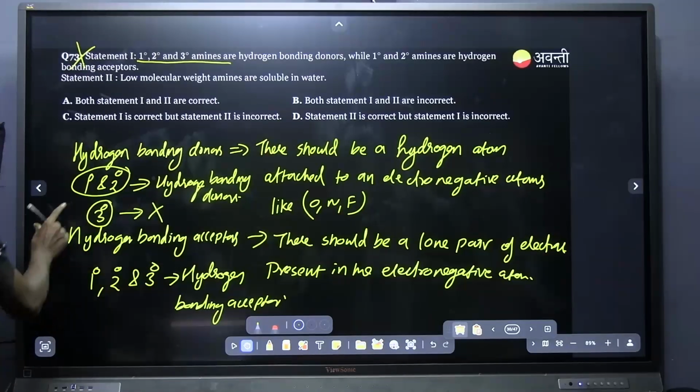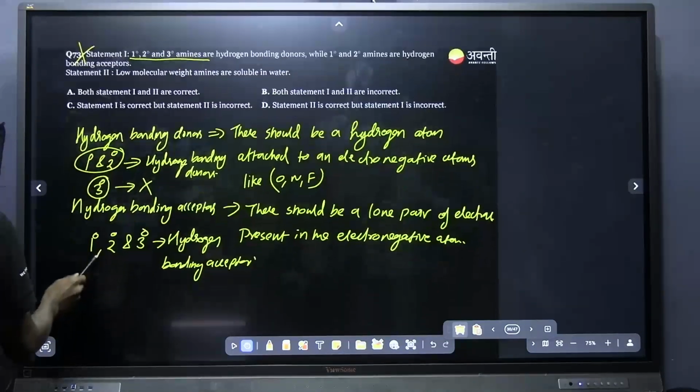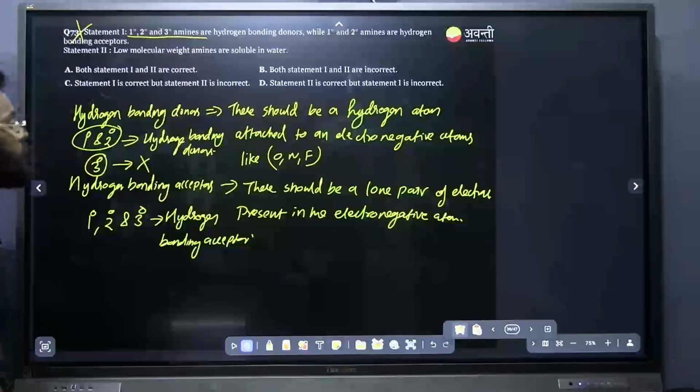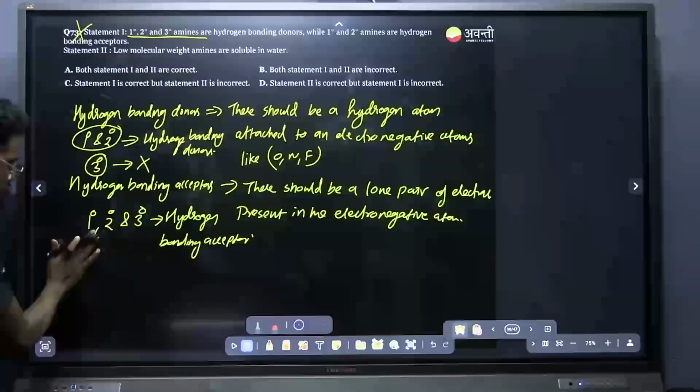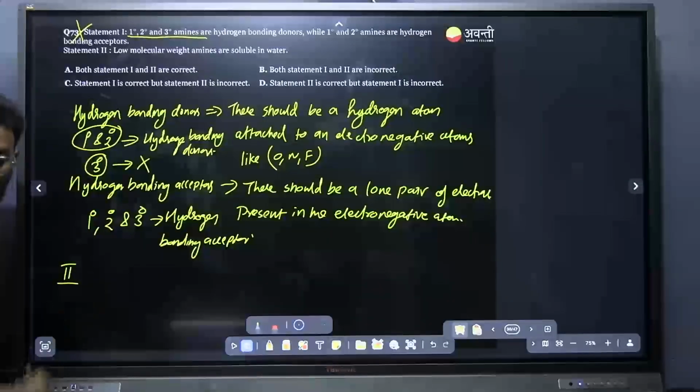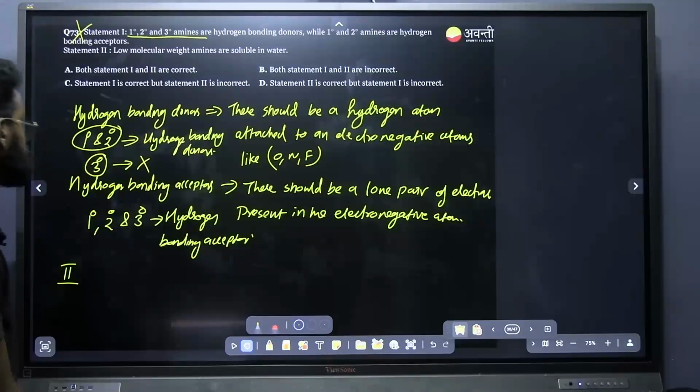Now what about the second statement? Low molecular weight amines are soluble in water. Is it correct? Yes, that is correct. Why?